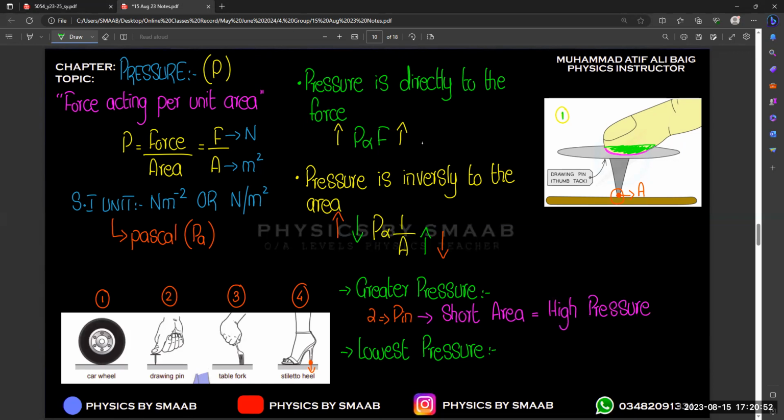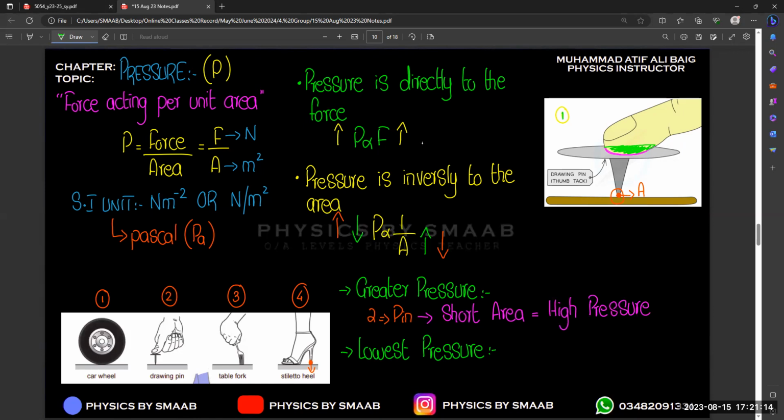But if this picture is taken from the past paper question, and the question is the same, they are asking about the greatest, because for the lowest we need to also check the forces, right? But again, the same concept for the heel, because of that pointed area, because force is divided into two different parts, right?